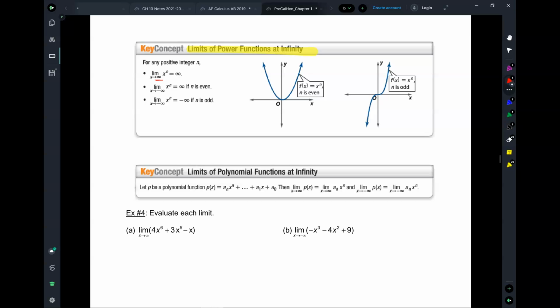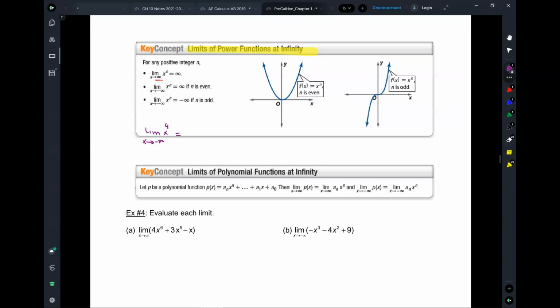If you have the limit as x approaches negative infinity of x to the n, this depends on whether or not the n is odd or even.